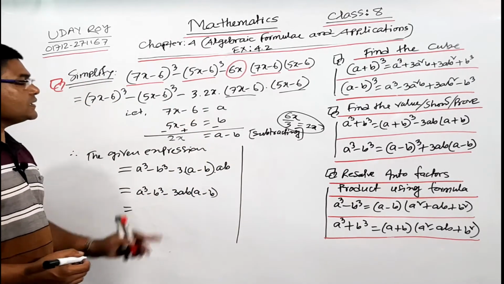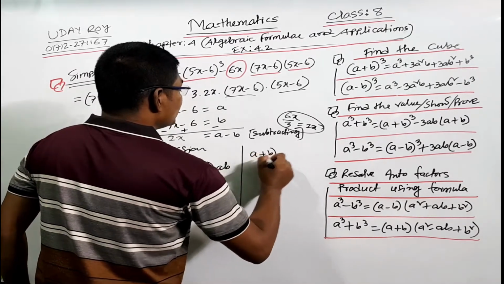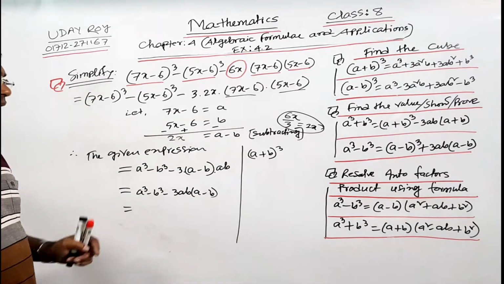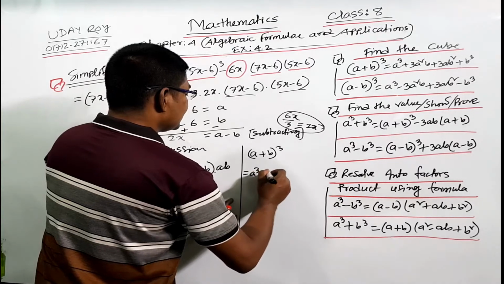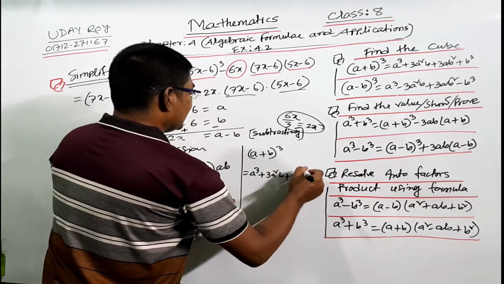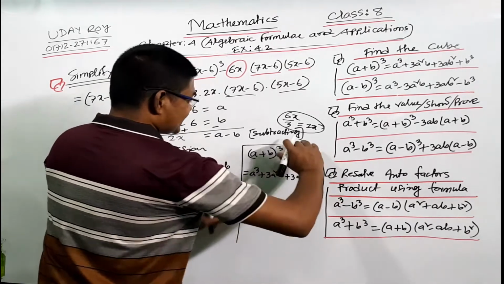After this we know actually a plus b whole cube equal to a cube plus 3a square b plus 3ab square plus b cube. This is the extra part.